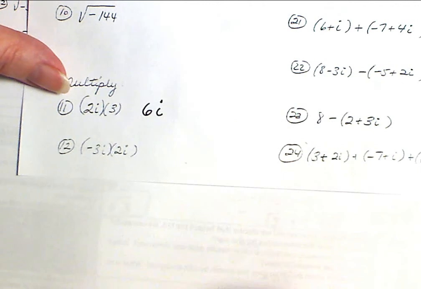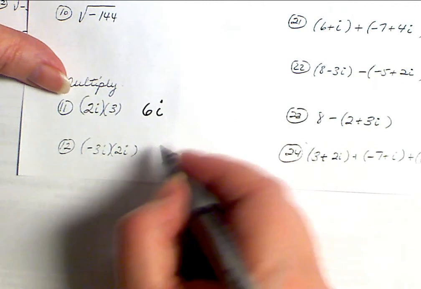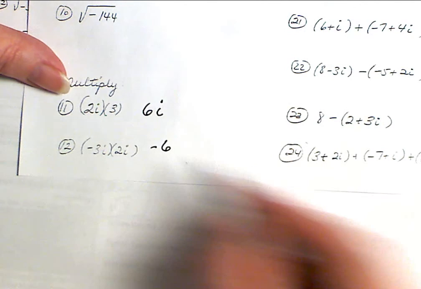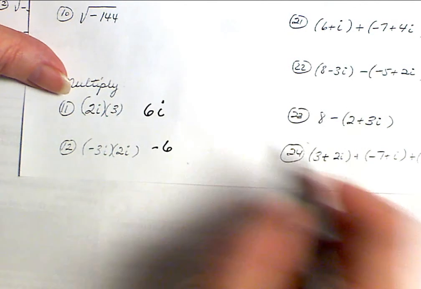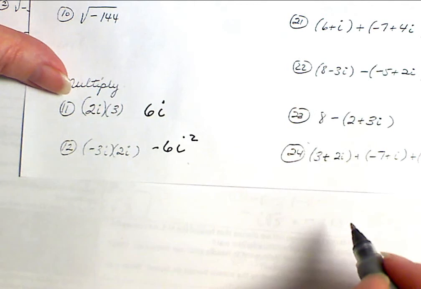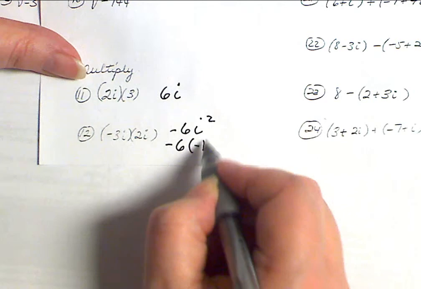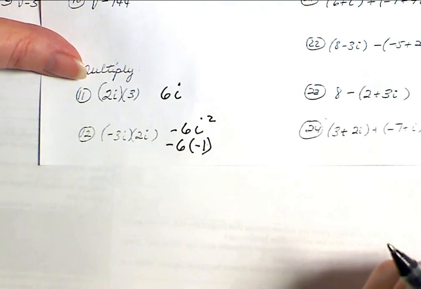So it would be negative 6, but i times i would be i squared. But what is i squared? Negative 1. So you have negative 6 times negative 1, so it's just 6.